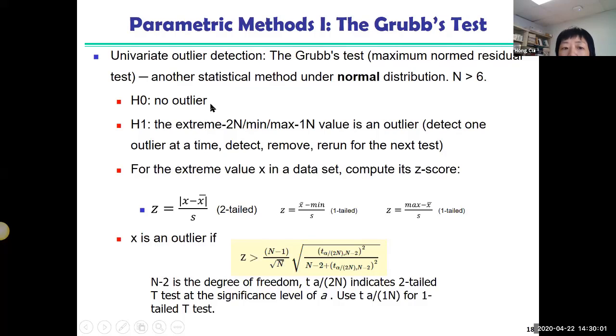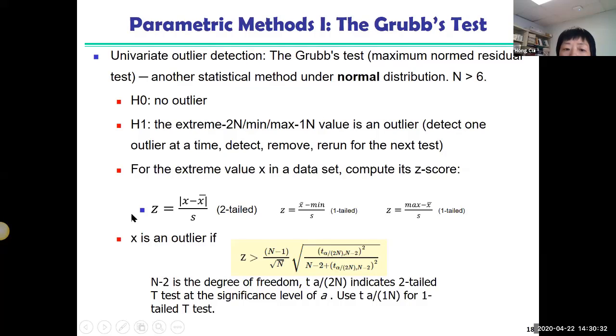The Grubbs test has a null hypothesis that the data has no outlier, and its alternative hypothesis is that the extreme value, whether minimum or maximum, is an outlier. When we use the extreme value, we're implying a two-tailed test. If we use minimum or maximum separately, we're doing a one-tailed test. Grubbs works both ways.